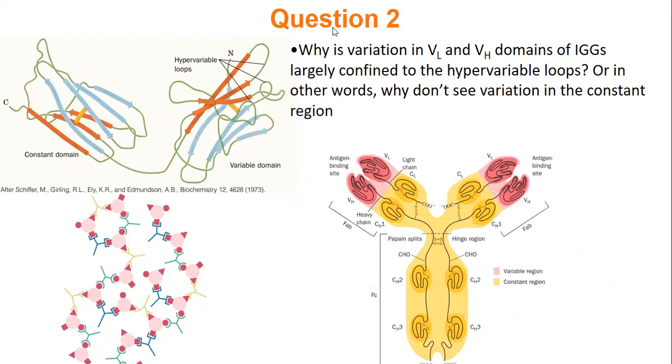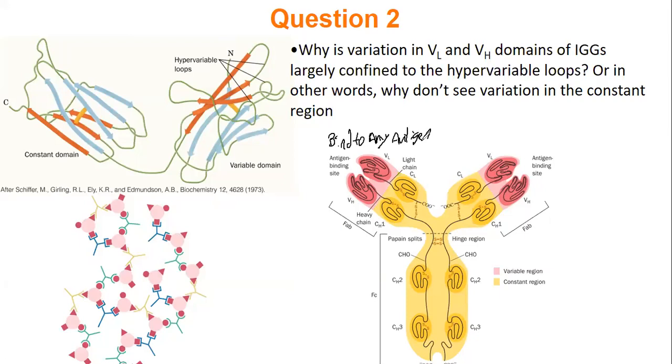All right, so we have variation in the variable loops, VL and VH. That's where all the variation occurs. But why don't we see variation in the constant region? Here I'm really getting to the idea of how an antibody actually works, right? The reason we have the variable regions is so we can bind to any antigen. So we need that to be variable.